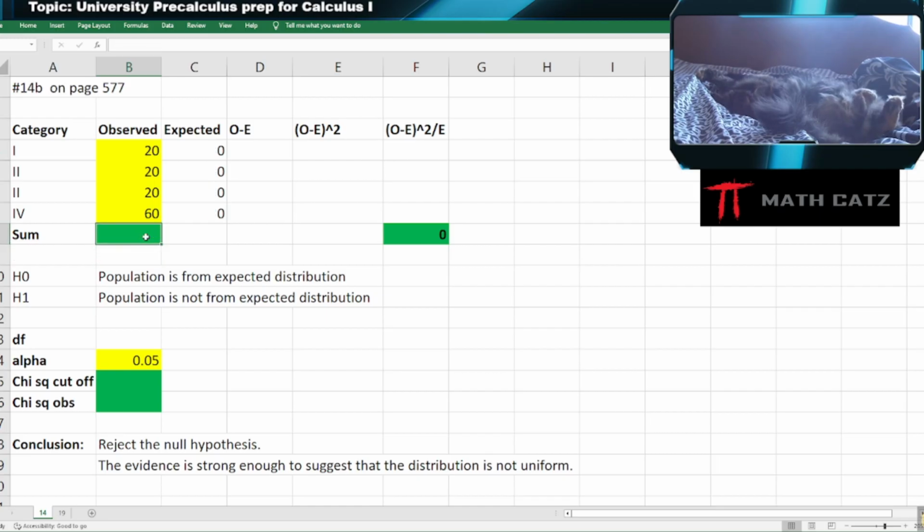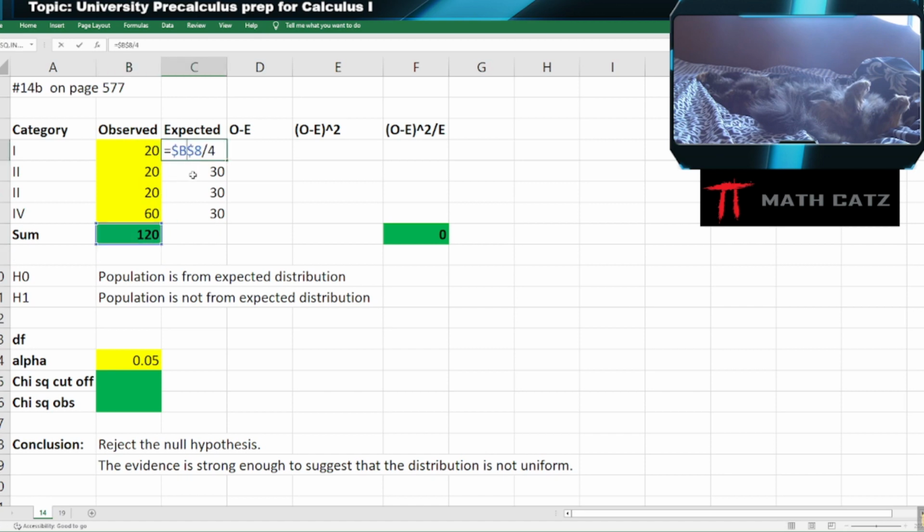You can also use a built-in sum function, and there are many other functions for convenience, and then select the cells that you want to add together, and we get our 120.